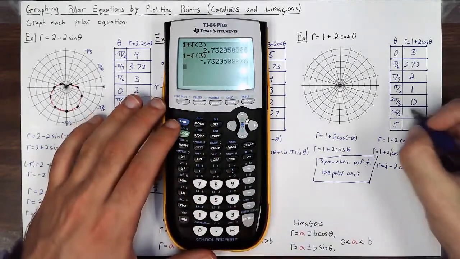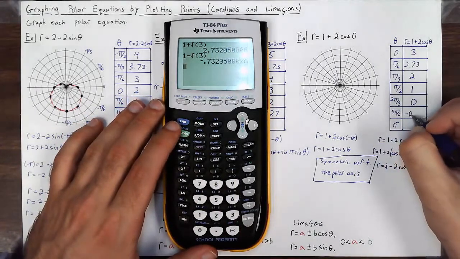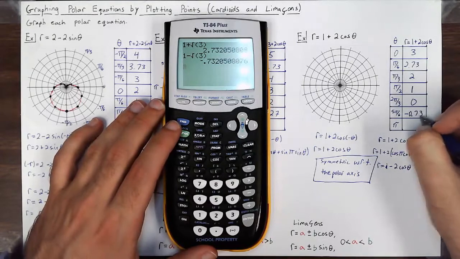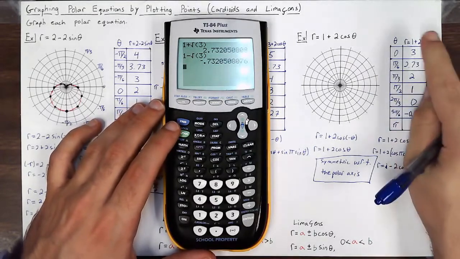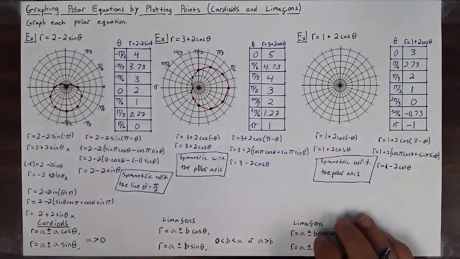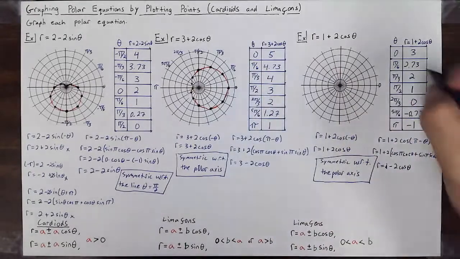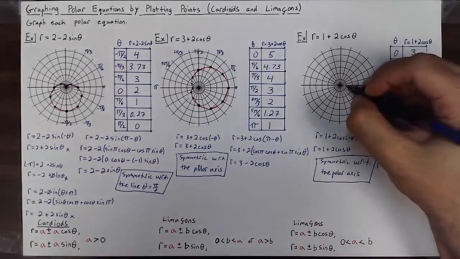We actually get a negative radius, and I'll show you what happens with that when we go to graph it. So that's negative 0.73, and cosine of pi is negative 1, so 1 minus 1 is negative 1. So as I go to graph, starting with 0, which is all the way on the right, we have a radius of 3, so 1, 2, 3.